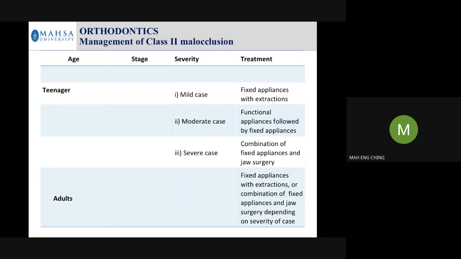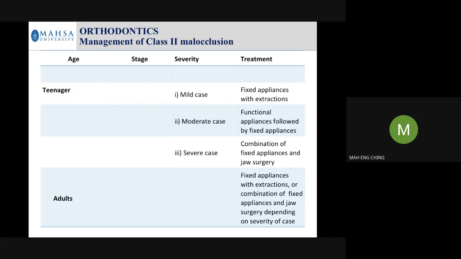This chart just summarizes what I said just now. For teenagers or growing patients, the options will be more compared to adults. For adults with severe class 2, most of the time you end up with extraction or sometimes even surgery if it's too severe. But if you're a teenager with mild to moderate cases, sometimes you can just deal with fixed braces when they are 12 or above, when all the permanent teeth are established.